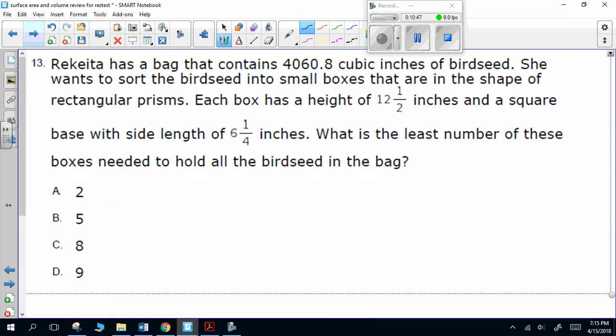Okay, a lot of people miss this question. So it says Rakidia has a bag that contains 4,060.8 cubic inches of birdseed. She wants to sort the birdseed into small boxes that are each in the shape of prisms. Each box has a height of 12.5 and a side length of 6.25.